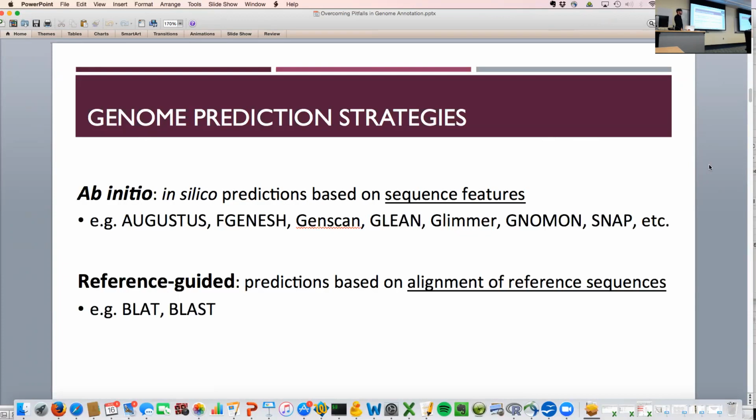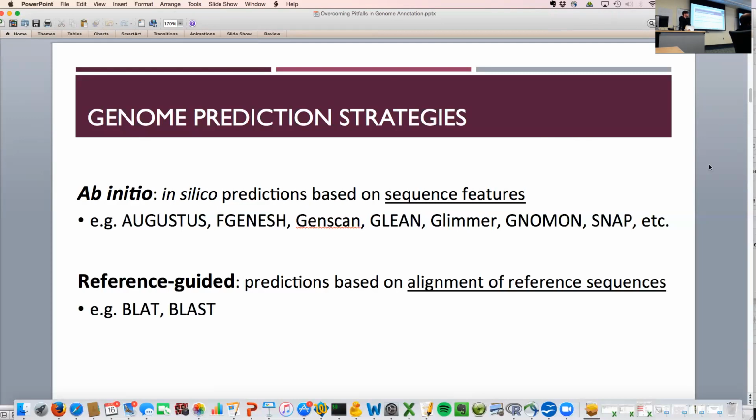The structure of the gene will be defined by those intrinsic signals that you are able to predict in the absence of any other information, even other gene models. The algorithm will know that those things are genomic elements or genes that are producing proteins, but also regulatory elements and repetitive elements, and all of that can be done in an automated form independently of the evidence. Then you also have the alternative to include evidence in gene models that come from other organisms.